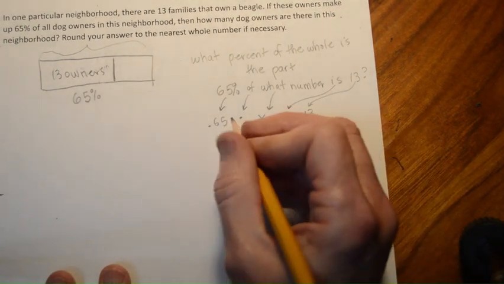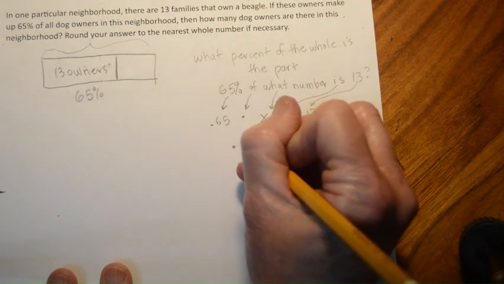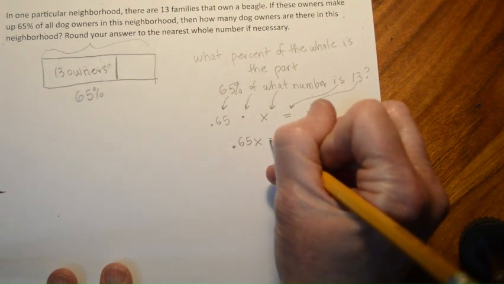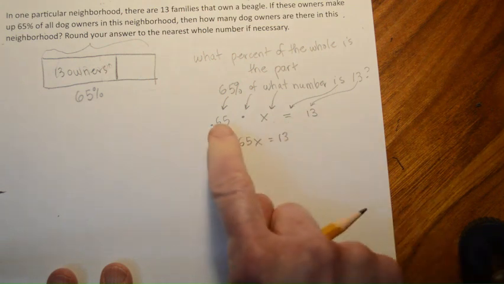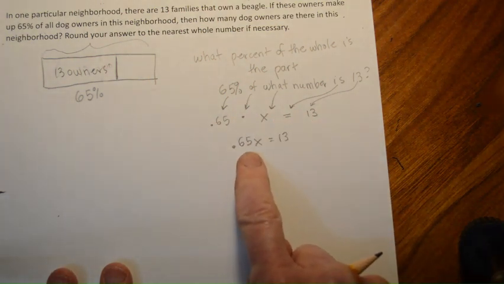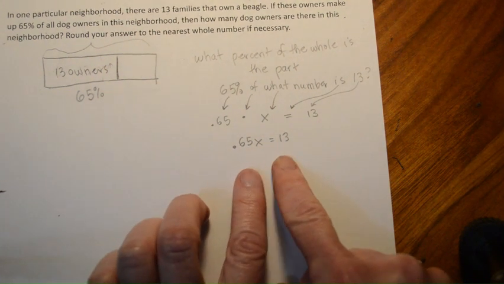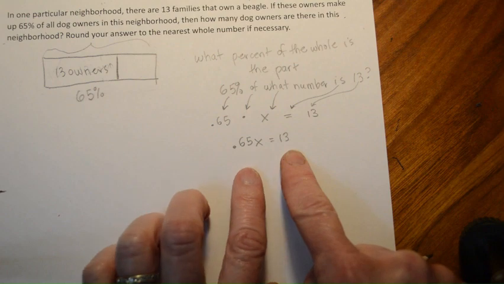Usually when I translate it, I write it that way with all the symbols there, but then after that, I just skip to 0.65x equals 13. You might decide that you want to skip that step and just say 65% or 0.65 of, know that it's multiplication, but you can just put them side by side, is the equals and 13.